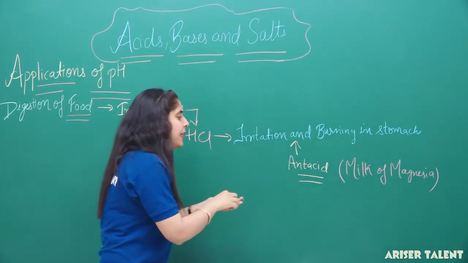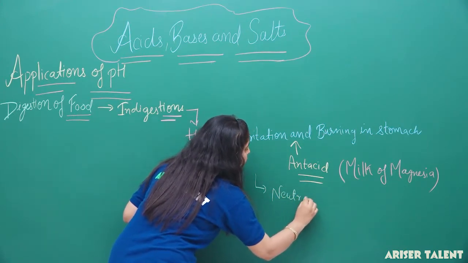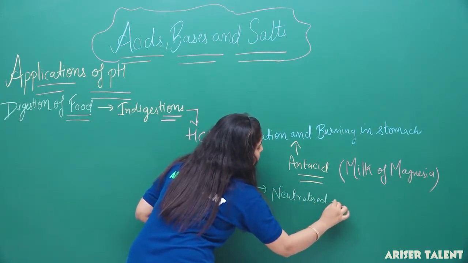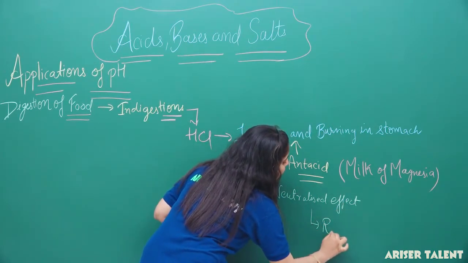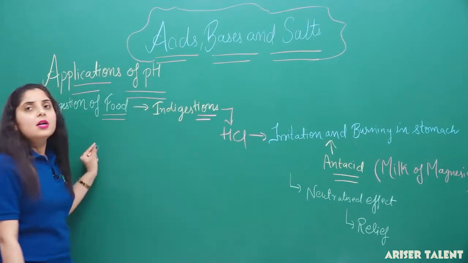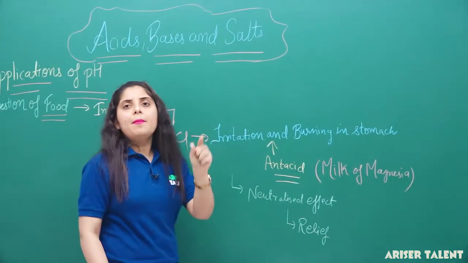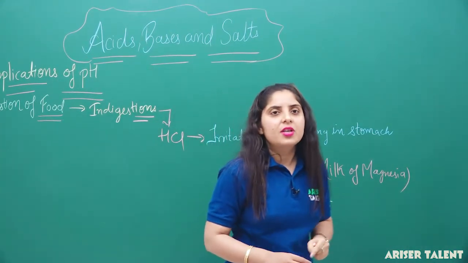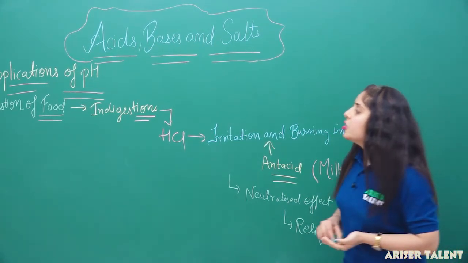This will provide relief, and we will get a neutralized effect of acid and base, and our stomach will feel relief. So this will be the neutralization reaction that occurs in our body, which is completely an application of pH and neutralization.